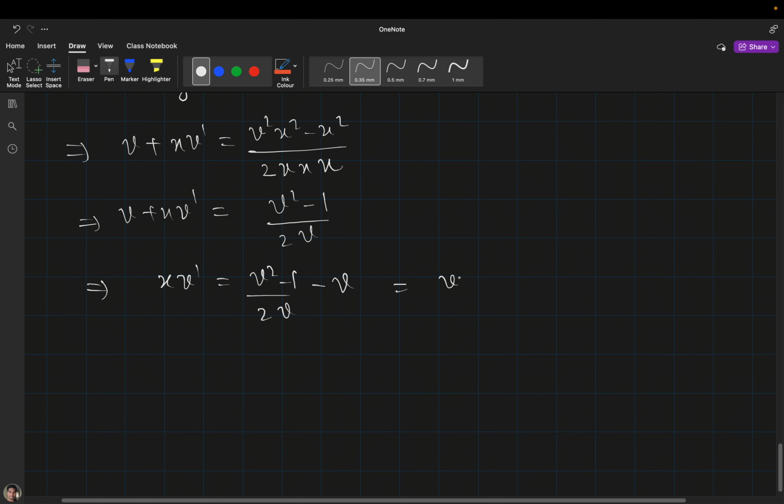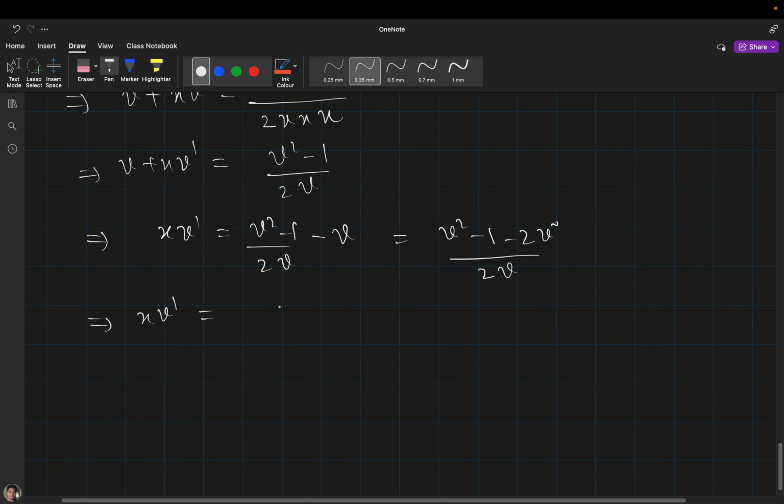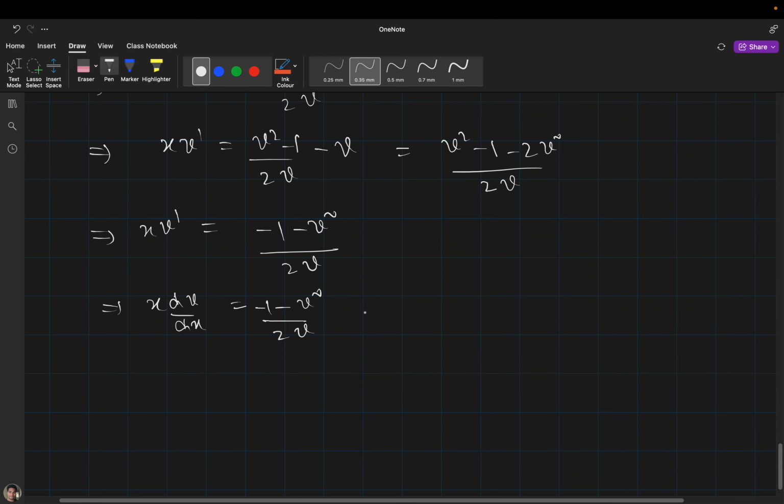You will get v square minus 1 minus 2 v square divided by 2v, so x v dash equal to minus 1 minus v square divided by 2v. At the place of v dash I will write dv by dx equal to minus 1 minus v square divided by 2v.